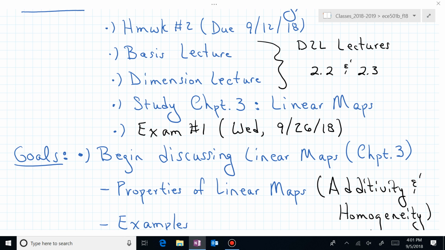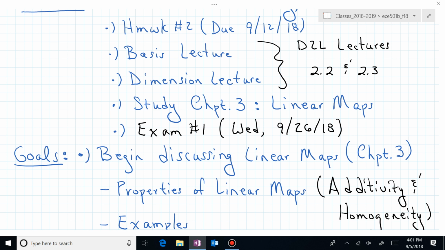And I believe those 3 chapters will be the basis for exam number 1. The contents of Chapters 1, 2, and 3, that's what I'm envisioning you will be responsible for on exam number 1, which is coming up sooner than you might think, but it's at the end of September on Wednesday, the 26th of September.